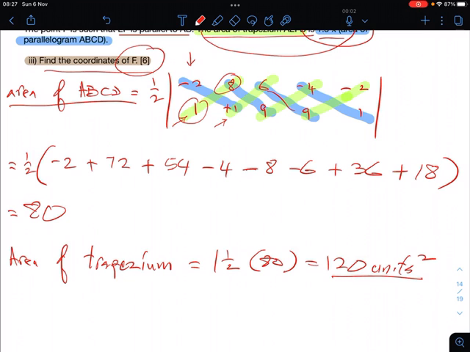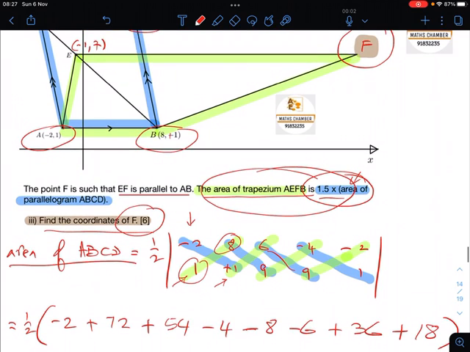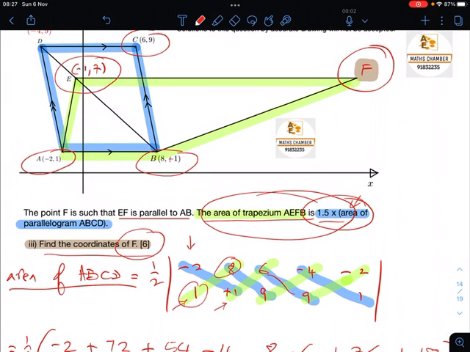So do take note, since your point E and your point F are on the straight line, therefore the coordinate of F must have something with 7 also, right? That means x1, comma 7. That would be the coordinate of F, because here is 7.